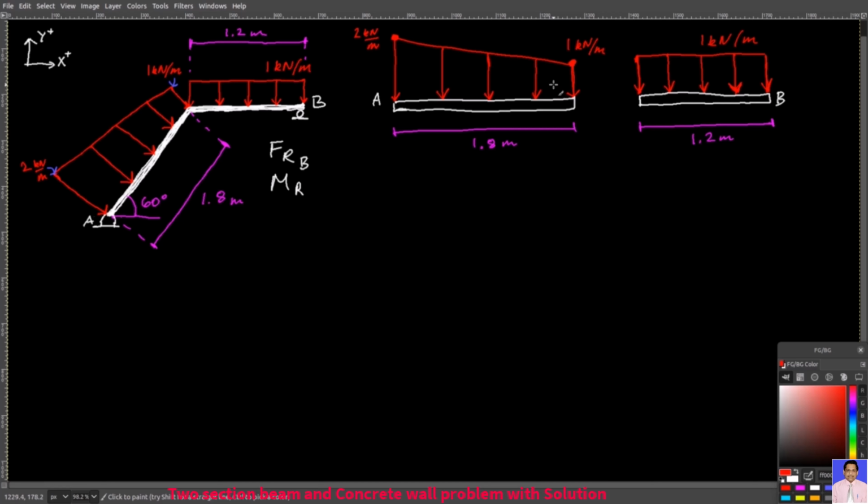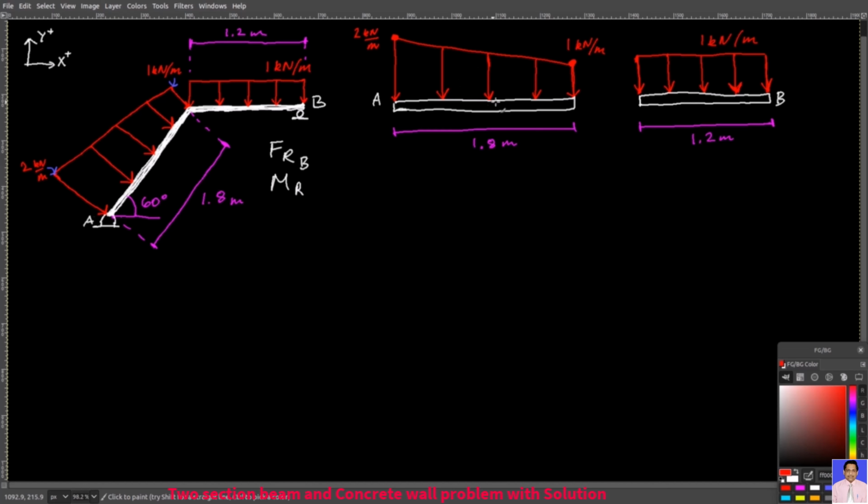I will now find the resultant forces and their equivalent locations for each section separately. Now, I could use integration to get my resultant forces. However, it's not necessary. You simply calculate the areas under the distributions.